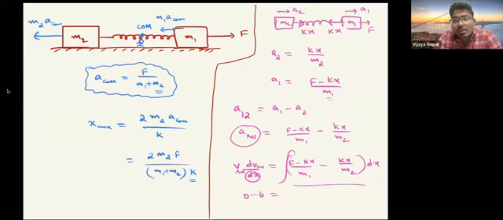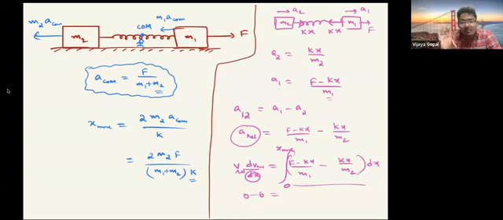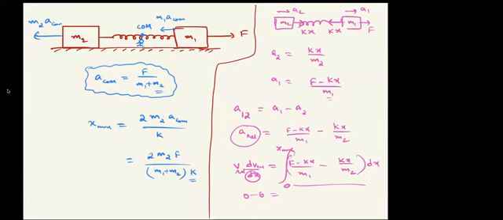The x limits, from where to where do you have to keep? Initial separation to x max? Not separation. x is not the separation. In spring force, F equal to kx, what is x? Extension or compression, right?